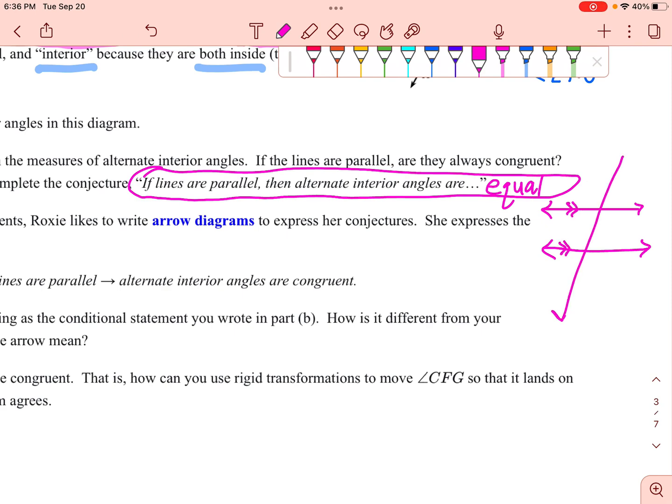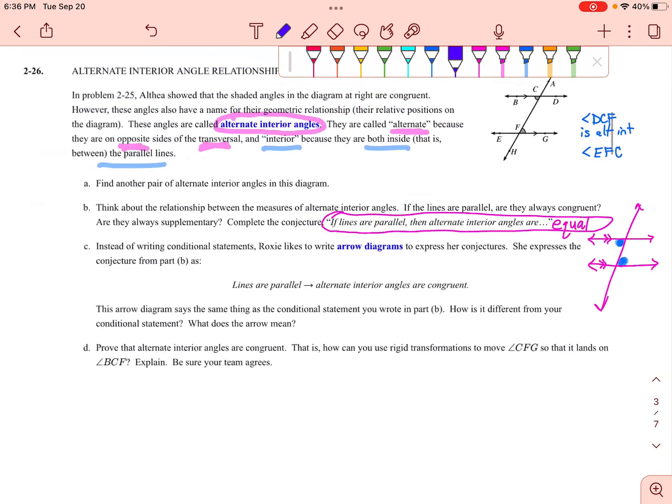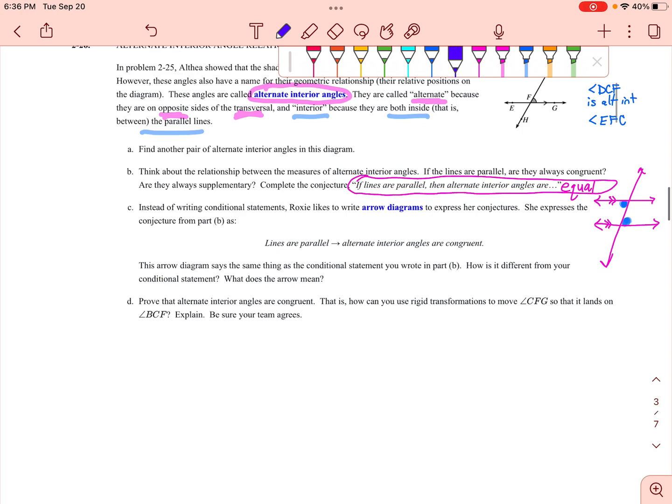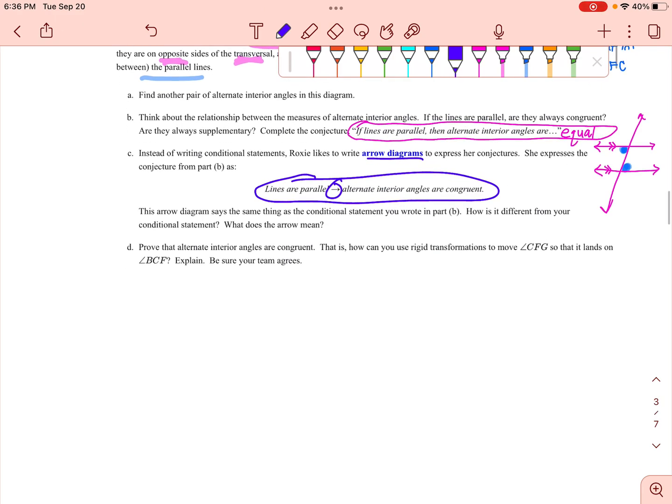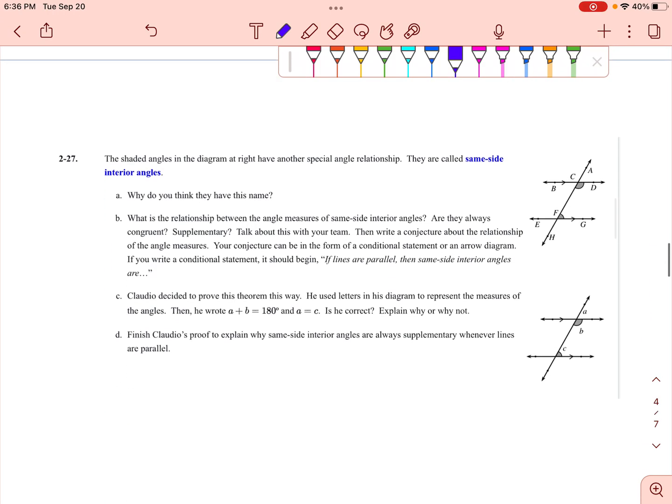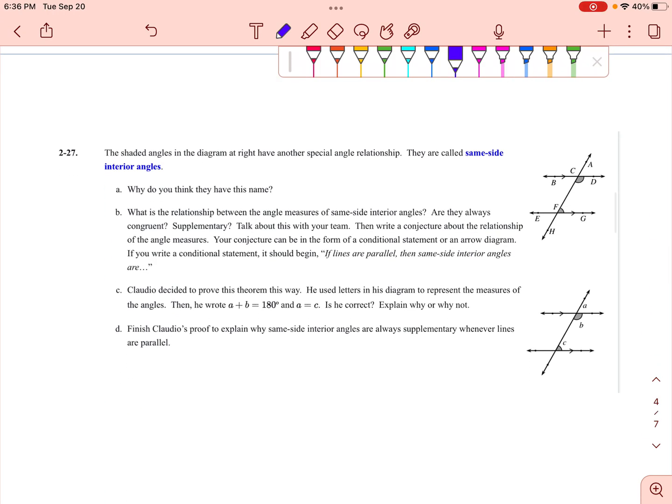You're going to draw your transversal and you're going to highlight your alternate interior angles. So you have a picture in your notes. So if lines are parallel, alternate interior angles are equal. Okay? You can also use this arrow diagram if you'd like to. It's just showing you that it means if the lines are parallel, then the alternate interior angles are congruent to each other.